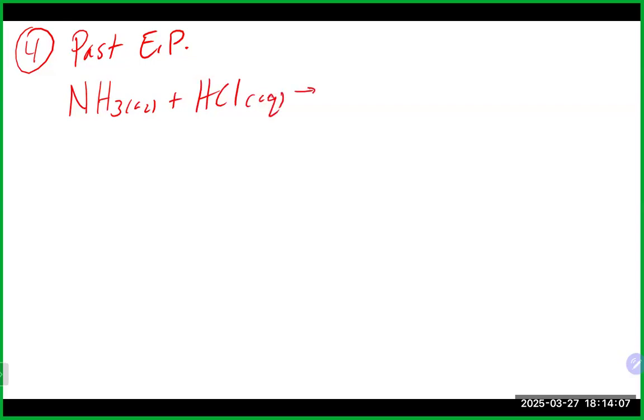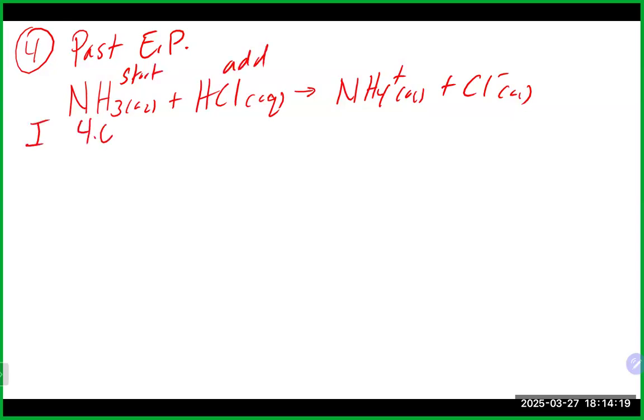So past the equivalence point, once again, we will have our reaction in this example. Again, we're starting with this guy, we're adding this guy. So we'll start with our 4 moles here.